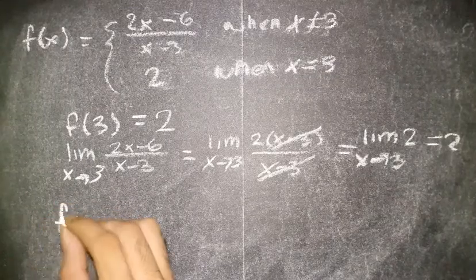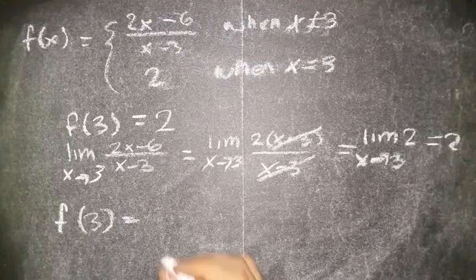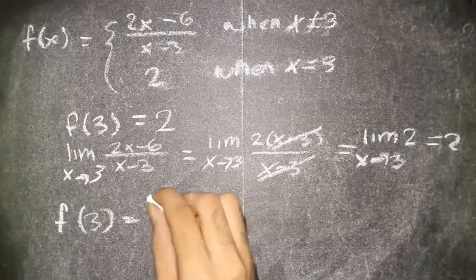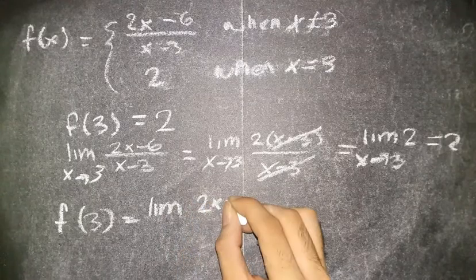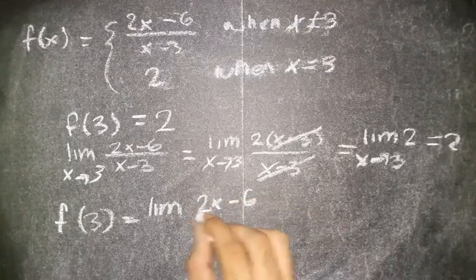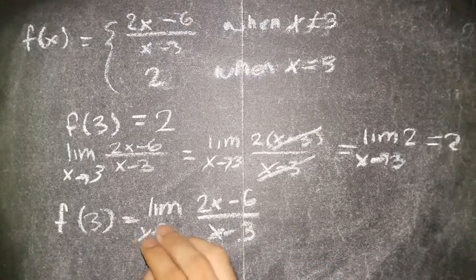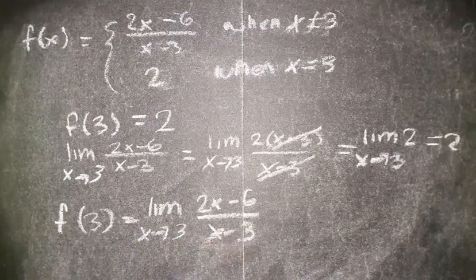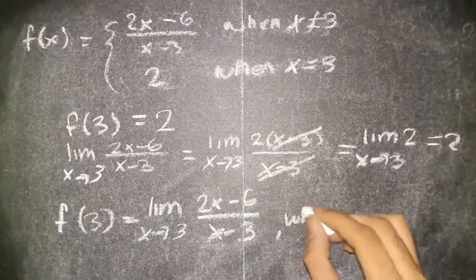Hence, f of 3 is equal to the limit of 2x minus 6 all over x minus 3 as x approaches 3, where 2 is equal to 2.